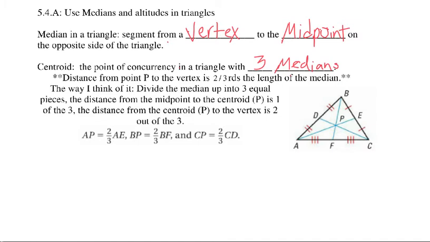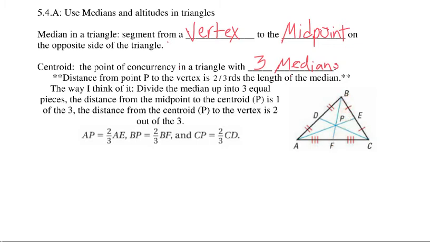And here is the big thing in these kinds of questions. For the median, sorry, not the midpoint, if you see the point of concurrency is our point P, the distance from point P to the vertex, so from P to B right here, this longer piece, is 2/3 of the whole entire length.